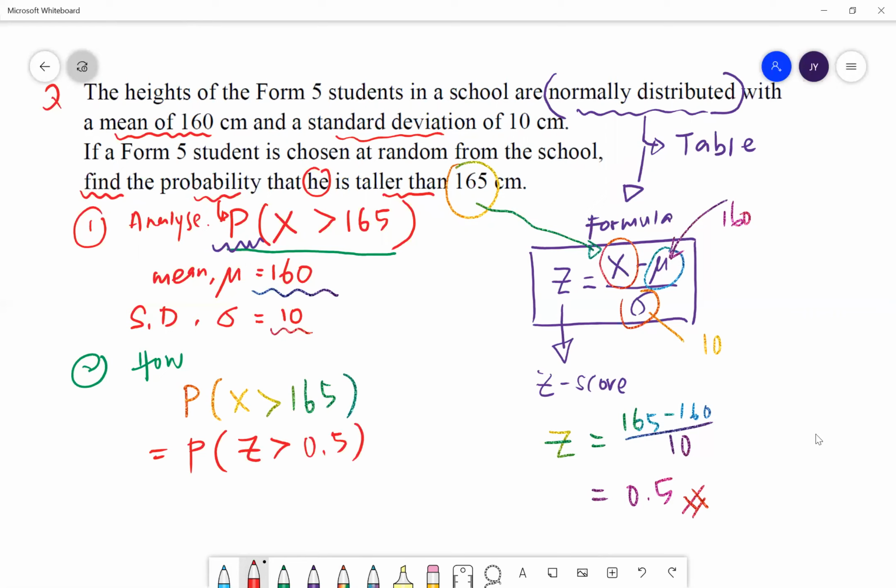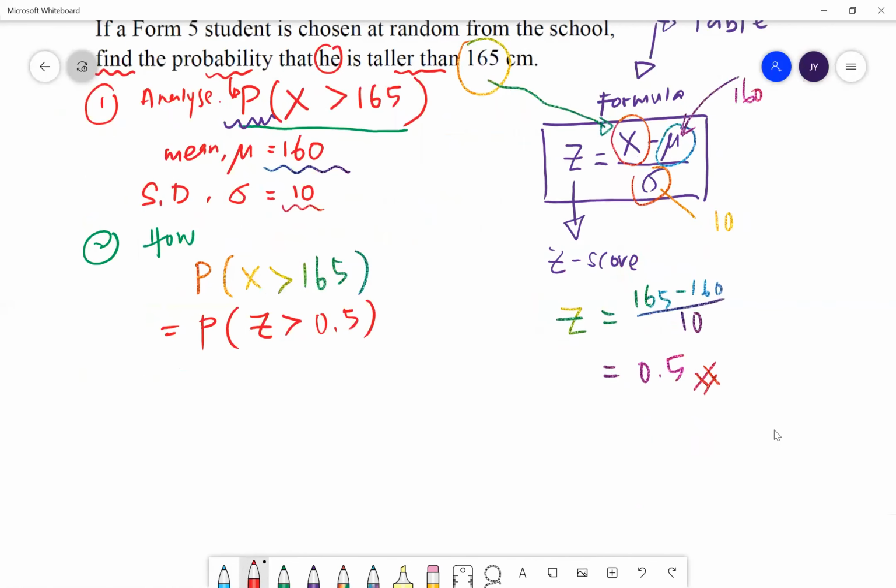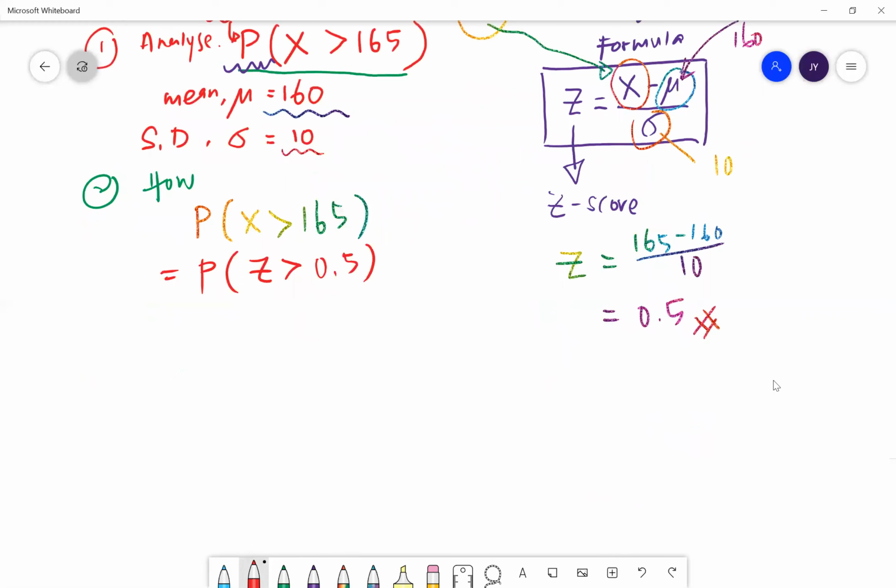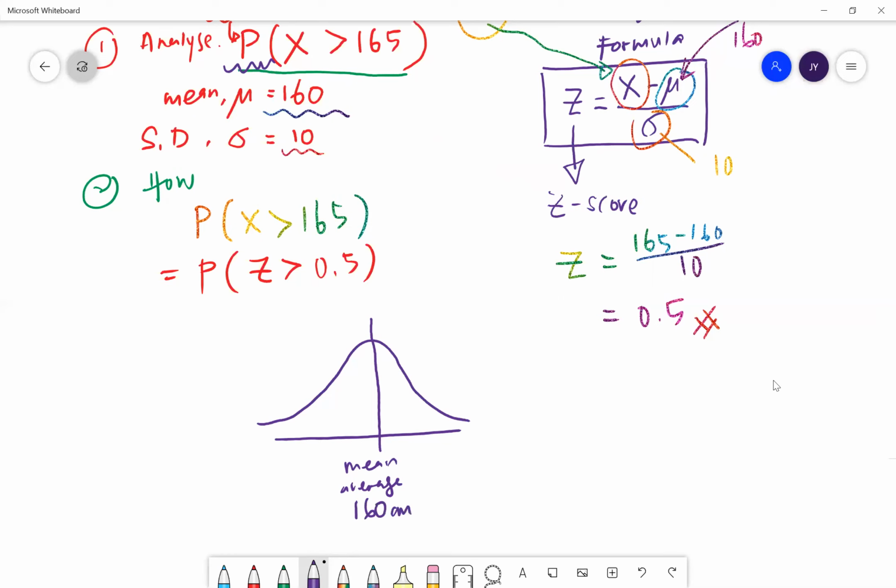The very last thing is you need to understand one thing, the graph. This graph, a bell graph, has a middle line. This is the mean, or we say the average. The average of the height of the students is 160 cm. Average, more or less 160. So I want to find greater than 165.